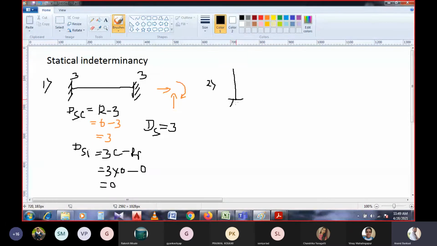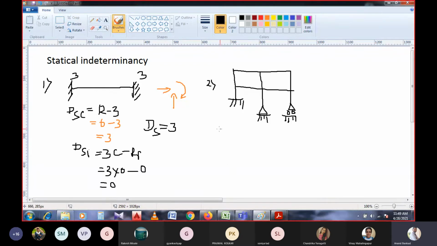If you have a beam in this manner, I will have a roller support here, and I will consider another support, a hinged one. Okay, this much is enough.